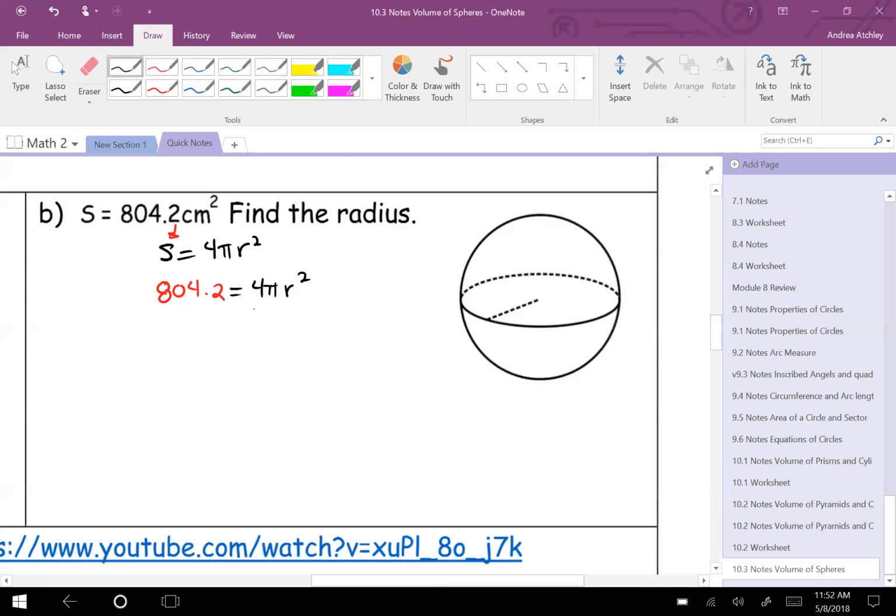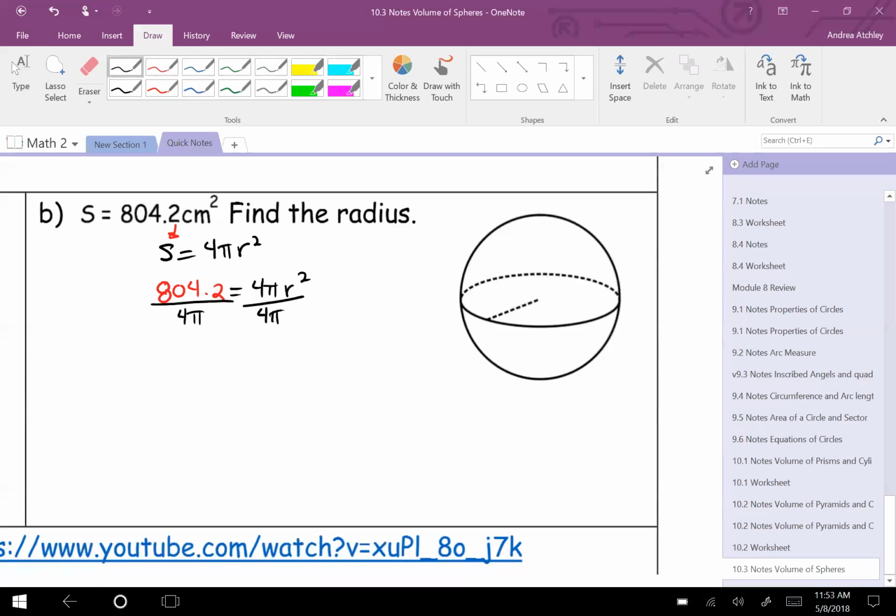Divide by 4 pi. So I'm going to plug that in my calculator. You should have gotten 63.99.